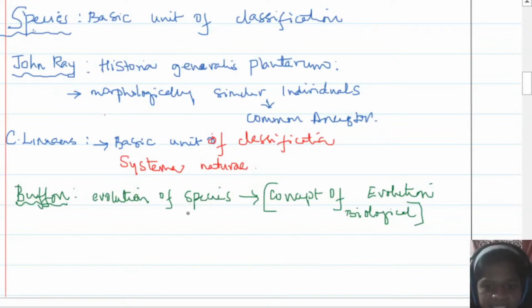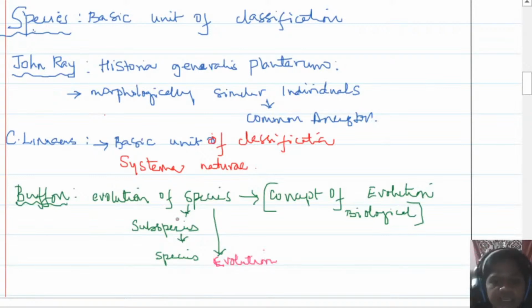These species have subspecies because of variations, and over time they change into a different species. Now, what is this process? We call this process evolution, right?